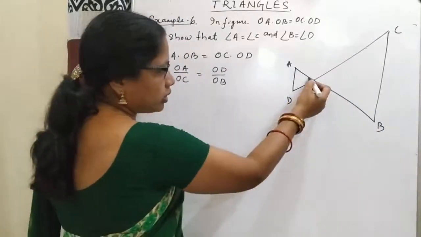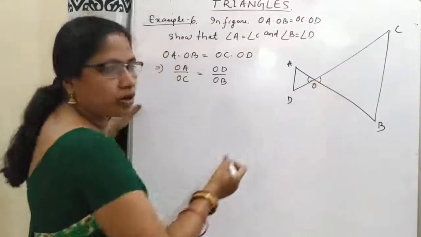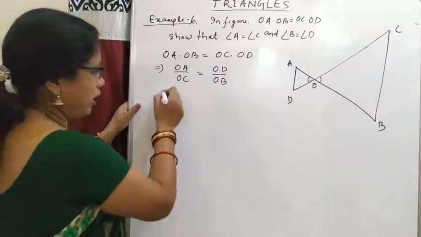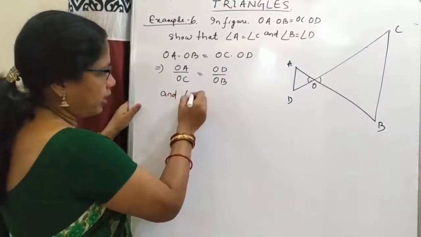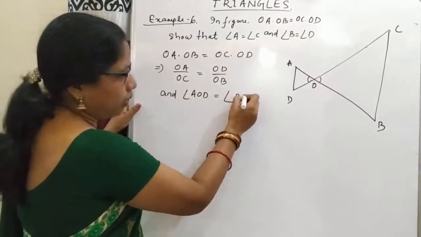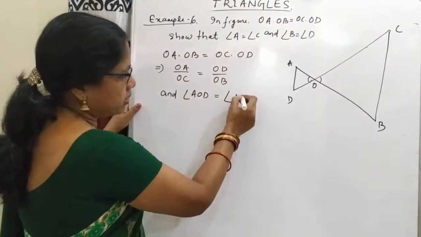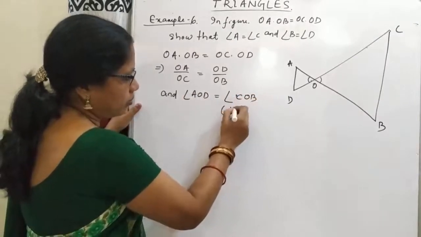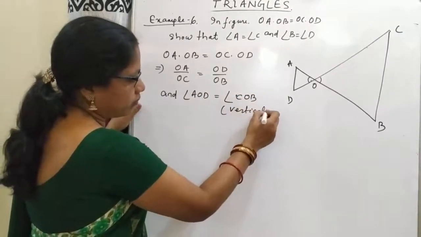And we know these two angles are equal because they are vertically opposite angles. And angle AOD is equal to angle COB, vertically opposite angles.